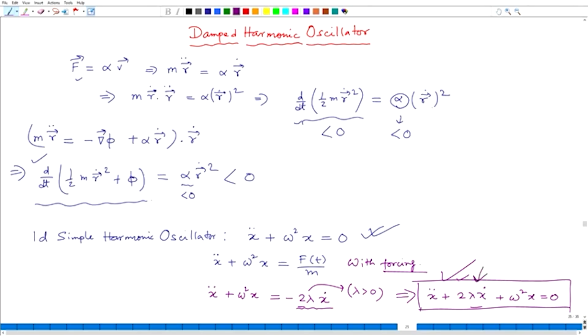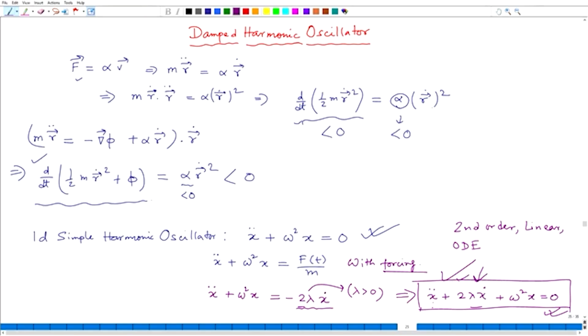So, once again, this equation is second order. Okay. This is linear because x double dot, x, all are linear in x. So, linear ordinary differential equation. Now, is it homogeneous or non-homogeneous? It is homogeneous because all the x and its derivatives are on one side, and on the other side you just have 0.